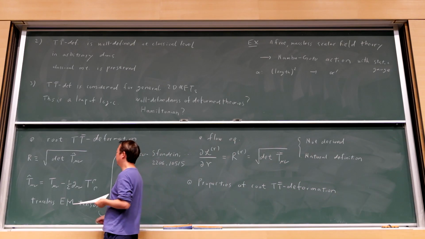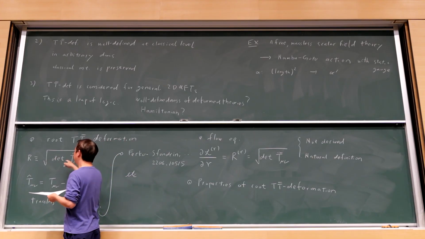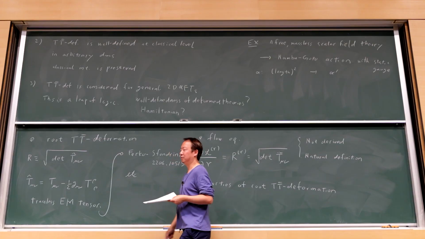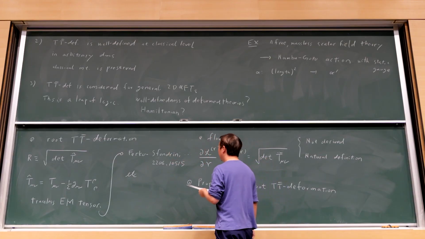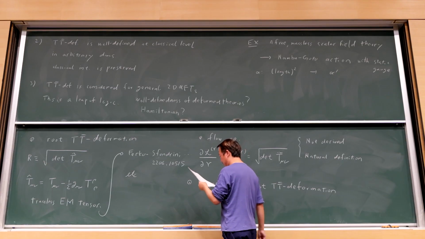Remarkably, we took the square root of these determinant operators. And so now the deformation parameter gamma is dimensionless.